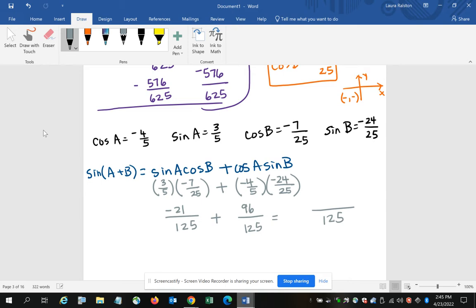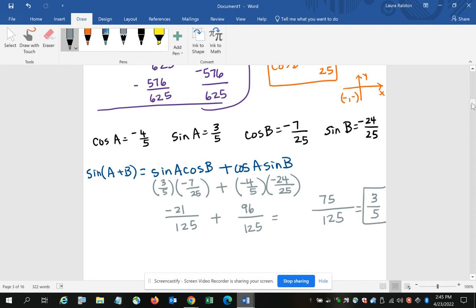We're going to do the addition. Negative 21 plus 96 in the numerator gives me 75 over 125. And if we simplify that, we get 3/5. Okay, so the answer, sine of A plus B, would be 3/5.